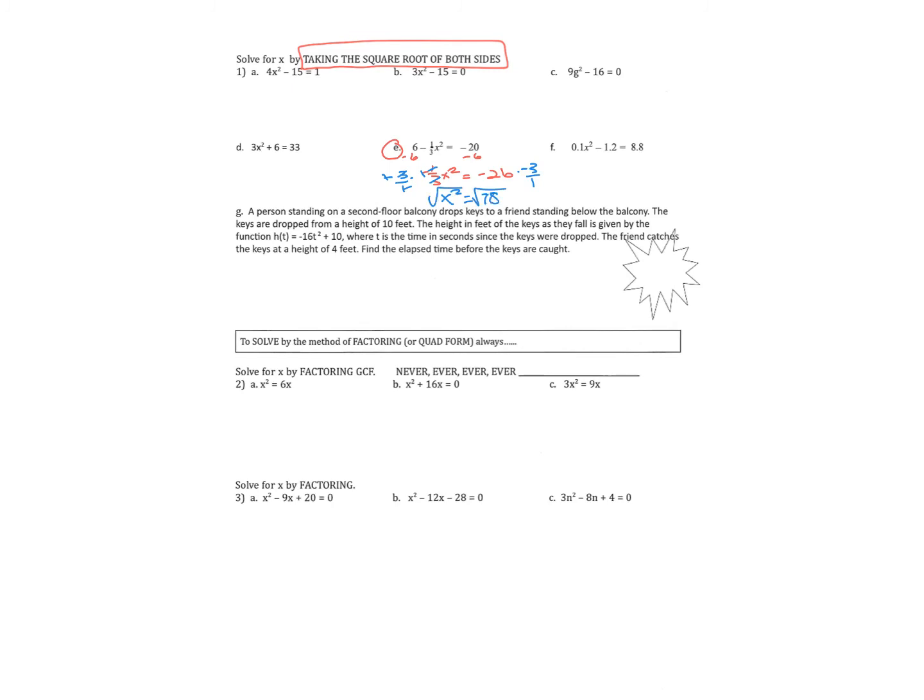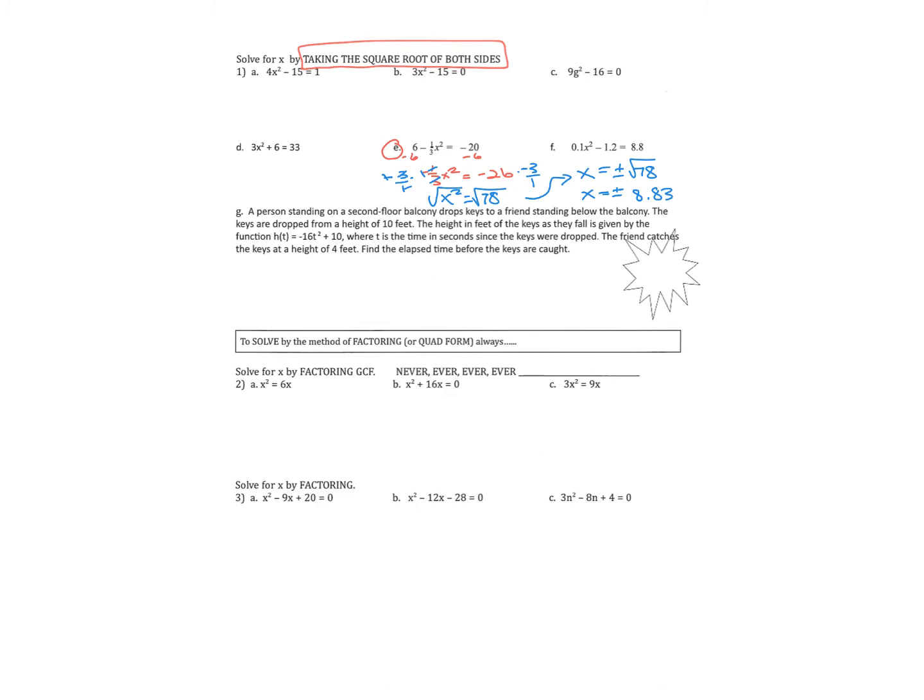And again, writing with my Apple Pencil, I ran out of room, so I'm going to just move over to the side here. And so my final answer on the left side, my square root cancels my squared, and I get x equals plus or minus the square root of 78. And if I take the square root of 78 on my calculator, I get x equals plus or minus 8.83.